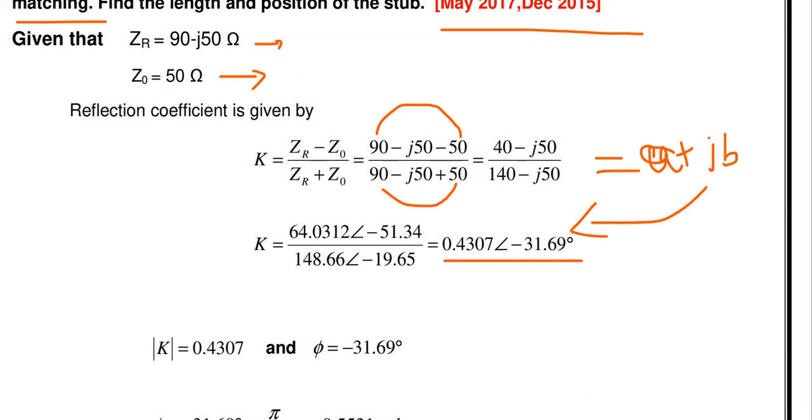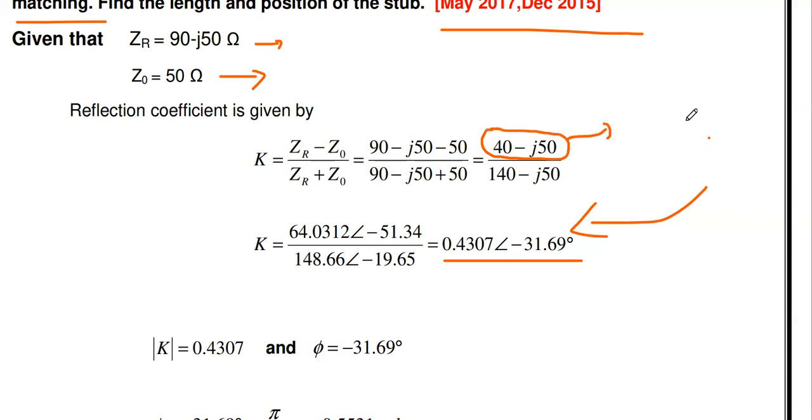Okay, if complex mode is available in your calculator, you can directly divide this 40 minus j50 by 140 minus j50. You may get a rectangular coordinate answer, then you convert rectangular to polar. This is one method. If complex mode is not available in your calculator, you just convert this numerator, 40 minus j50, into polar separately.